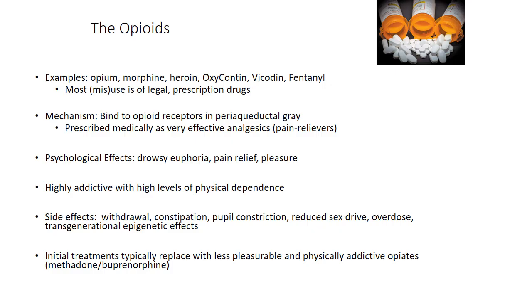So we have sort of a natural mechanism for reducing pain, starting in the midbrain there. It's kind of a complex process, but that exists naturally, and then the opioids that we take bind to those receptors and have the same effects.